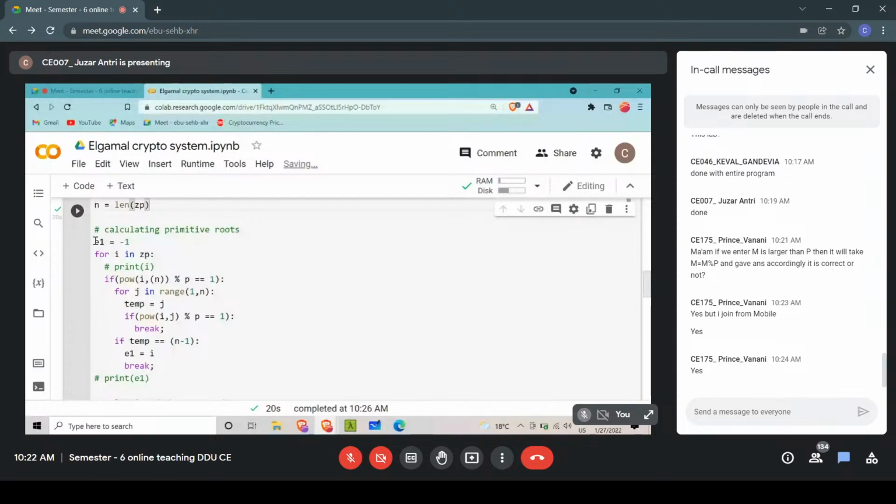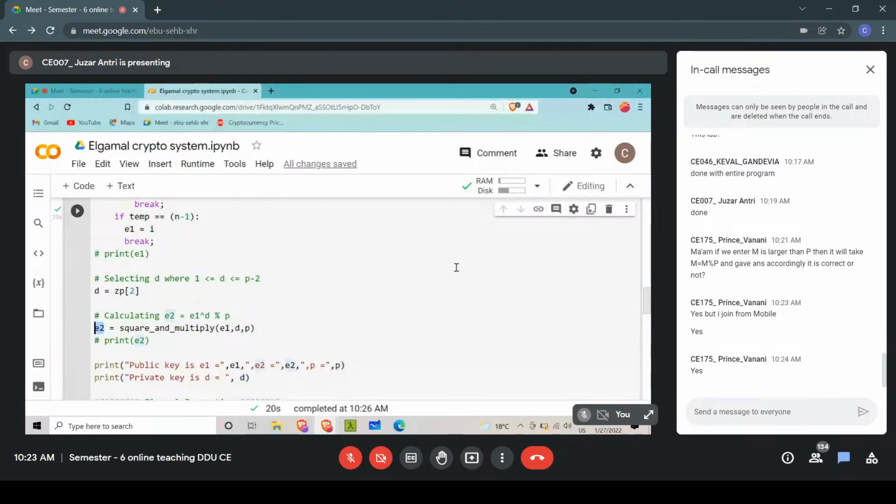Then I'm selecting D and selecting U. Then I'm generating the public and private key, and then doing encryption and decryption. This is decryption and this is encryption. So in each and every case, you are using square and multiply and the multiplicative inverse. Yes, ma'am. Okay.